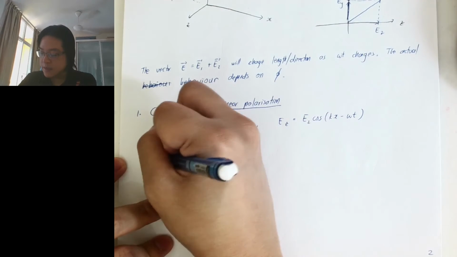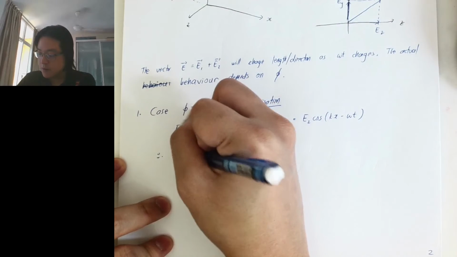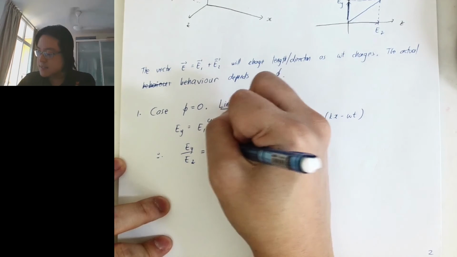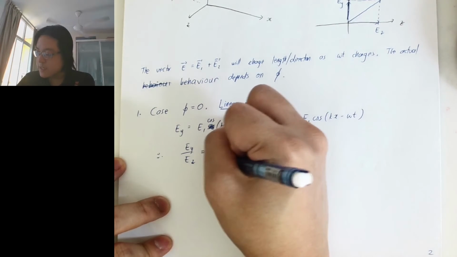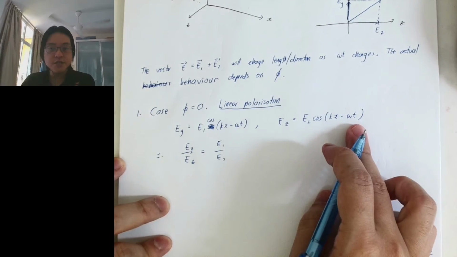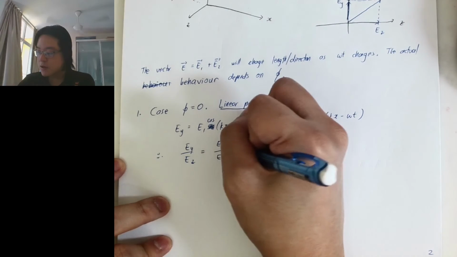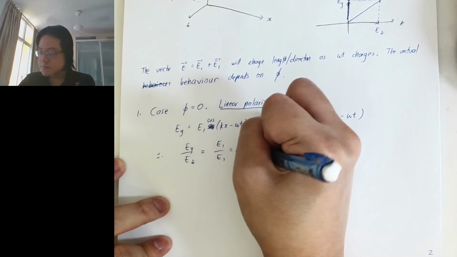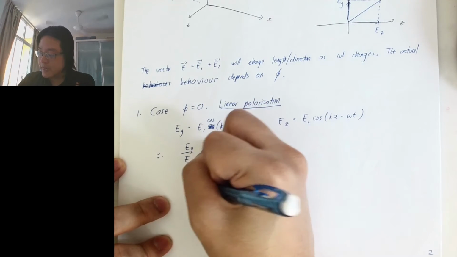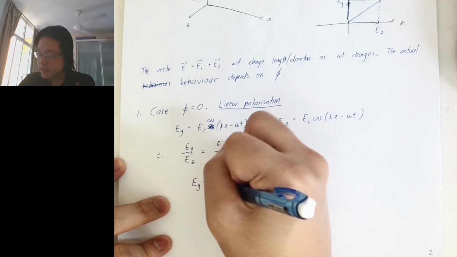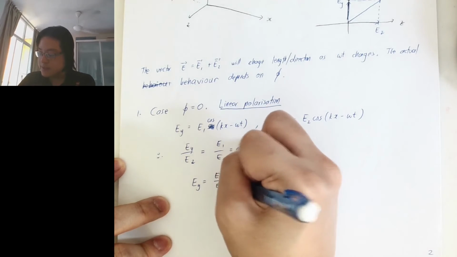So what I have here is Ey over Ez. If I divide these two, it's just equal to E1 over E2, right? The cosine will cancel each other, and it's just a constant divided by another constant. So this is constant. Therefore I can plot Ey is just E1 over E2 times Ez.